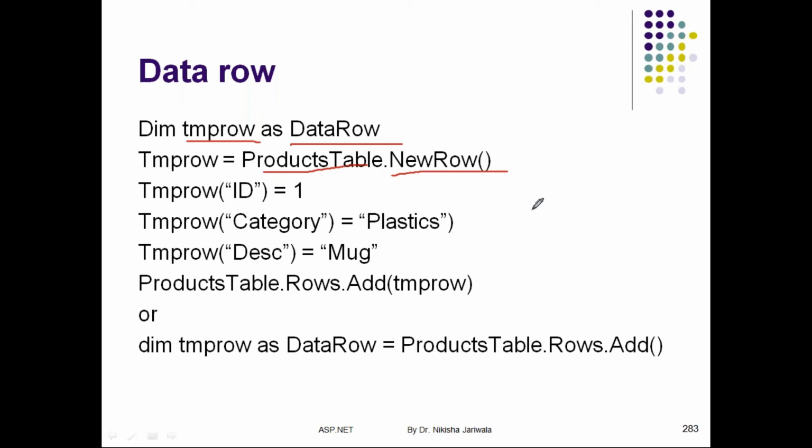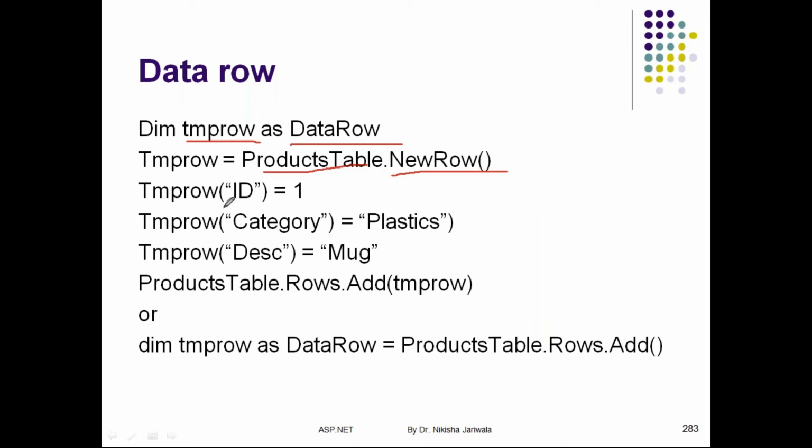What it will do is create a row according to the columns that we have created within this products table. Again, I repeat, this NewRow method will create one blank row within tempRow, which is similar to the columns that we have created within this products table, right?